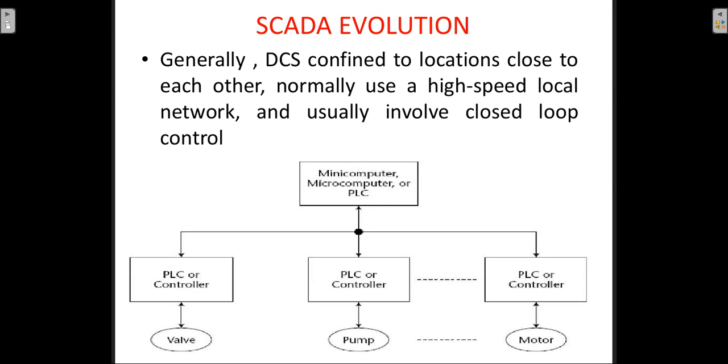So this is how the basic DCS, the distributed control system, gave a thought for the engineers to go with a modernized system, which finally led to the concept of SCADA.